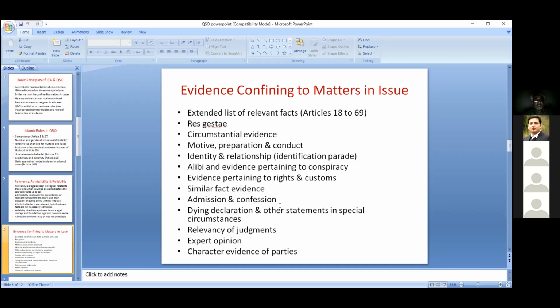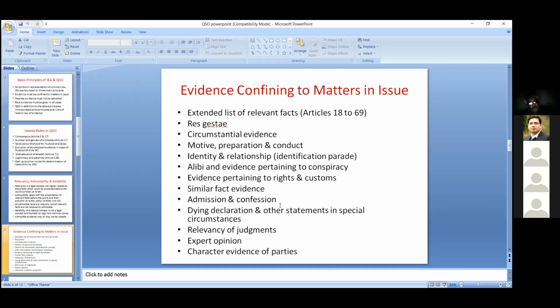But there are cases in which the court specifically requires some sort of independent evidence, when the manner in which the dying declaration was recorded was suspicious, or when the witness might have some relationship or motive to falsely implicate the accused person. In those circumstances, even despite proving the dying declaration, courts insist that this piece of evidence must be corroborated by independent evidence.